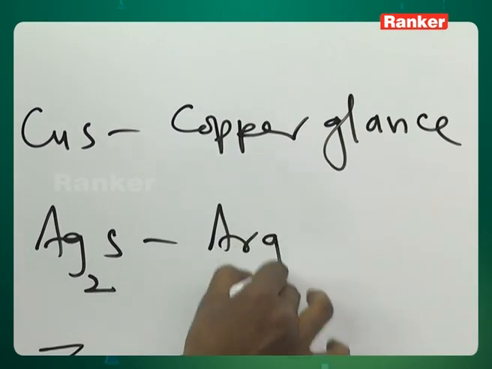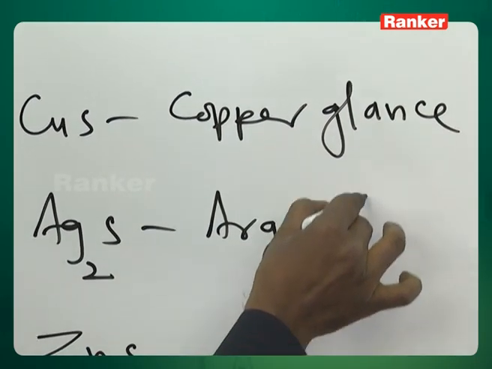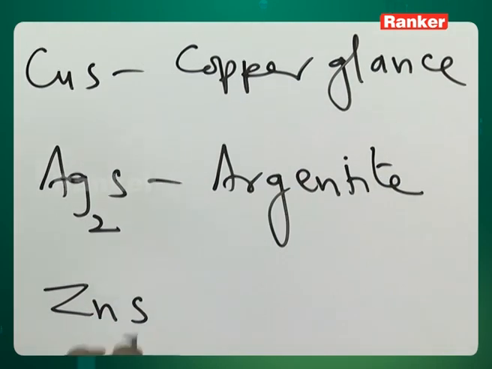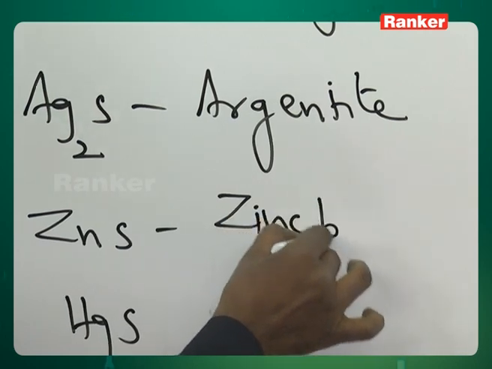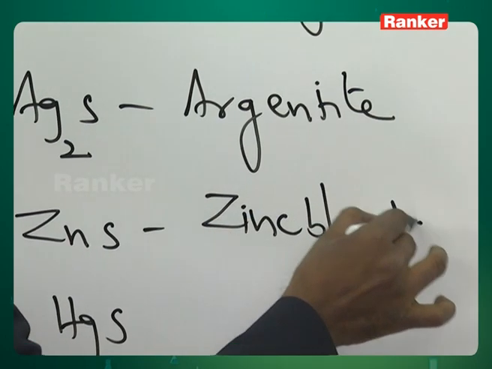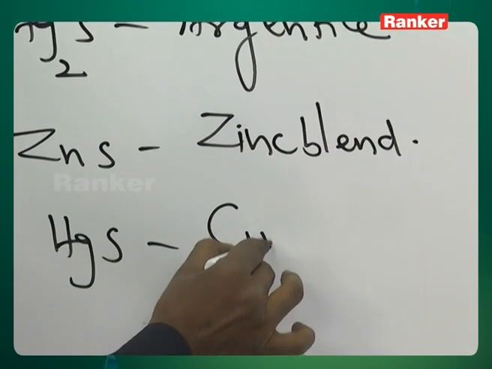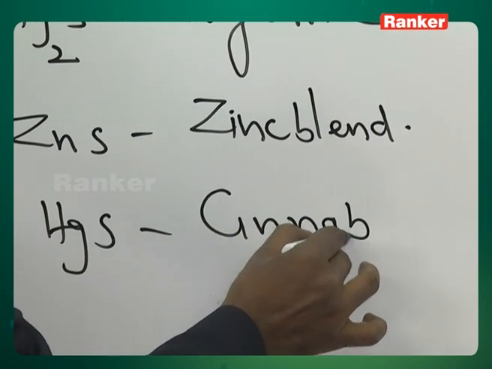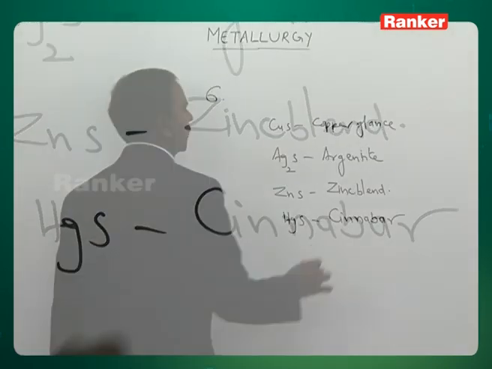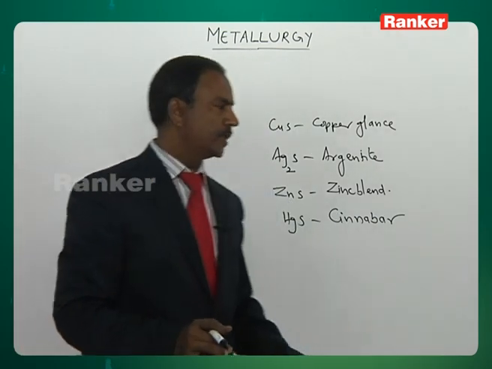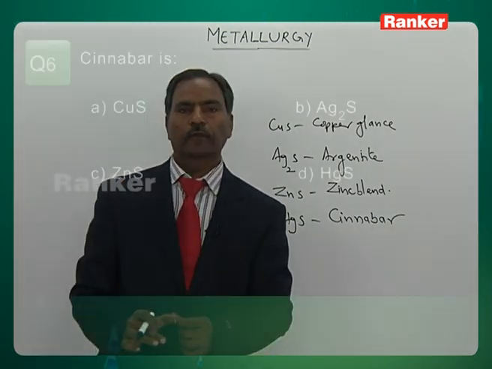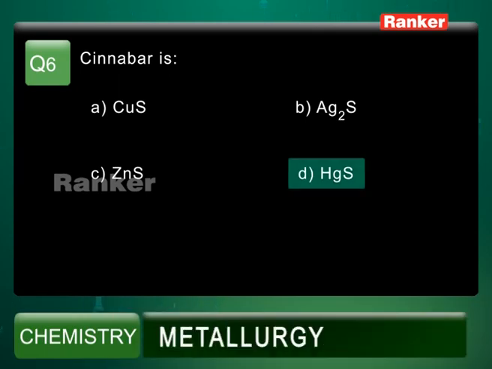Ag2S is argentite. This is zinc blende. This is cinnabar. Cinnabar is an ore of mercury, and HgS is known as cinnabar. So, for question number 6, the answer is D.